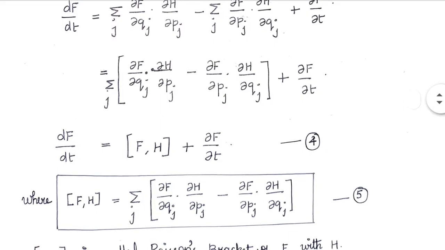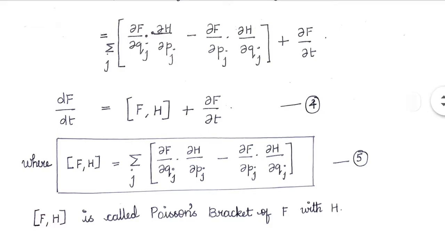So our equation becomes df by dt equal to f comma h, that is the Poisson's bracket of f comma h, plus dou f by dou t, where this f comma h is called as the Poisson's bracket of f with Hamiltonian h. So this Poisson's bracket is almost equal to the commutation relations we study in quantum mechanics.